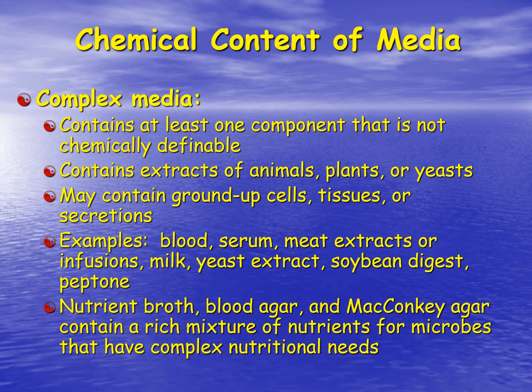Nutrient broth, blood agar, and MacConkey agar all contain a rich mixture of nutrients for microbes that have complex nutritional needs. But again, each one of these has at least one component that I cannot say exactly how much is available to the microbe.